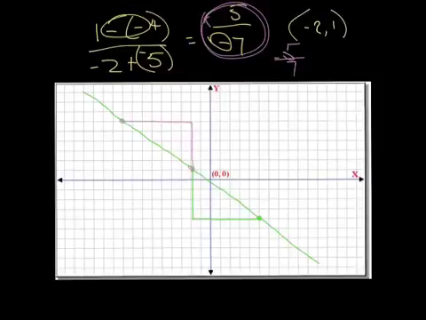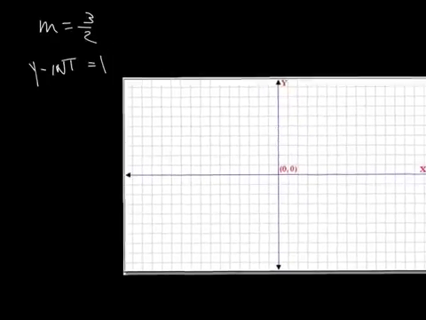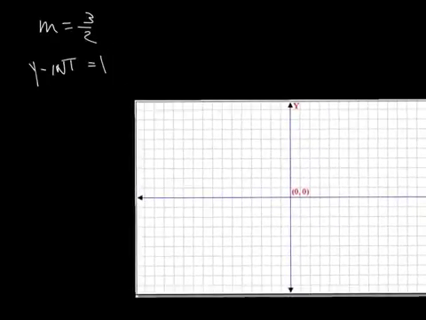Alright, so let's look at example 3. Example 3 says graph the line with a slope of 3/2 and a y-intercept of 1. Okay, so let's bring our graph up. My y-intercept is 1, which means it crosses the y-axis at y equals 1, 1 up. So there's 1 point.